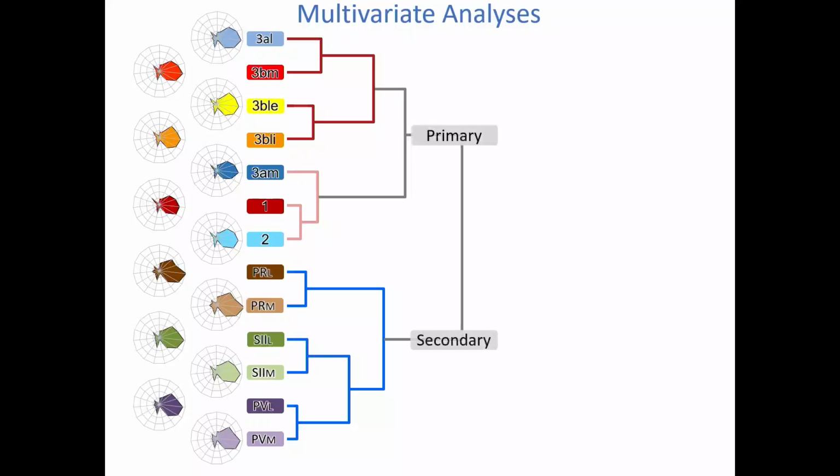First, multivariate analysis revealed a clear segregation between primary and secondary somatosensory areas. Furthermore, within the primary somatosensory cluster, area 3AL and all subdivisions of 3B are found in one cluster, and 3AM, 1 and 2 in the other one.